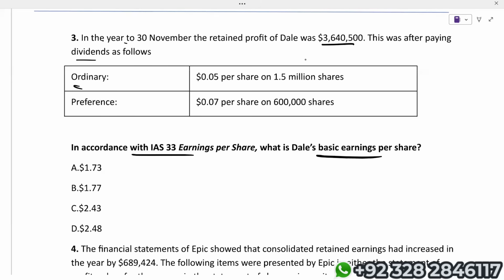Here we have only one objection, that we cannot use 3.6405 million as it is for calculating EPS, because they have also deducted ordinary dividend. But for calculating EPS, we do not deduct ordinary dividend. So what to do?